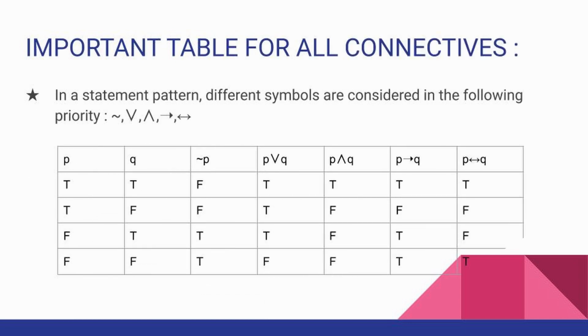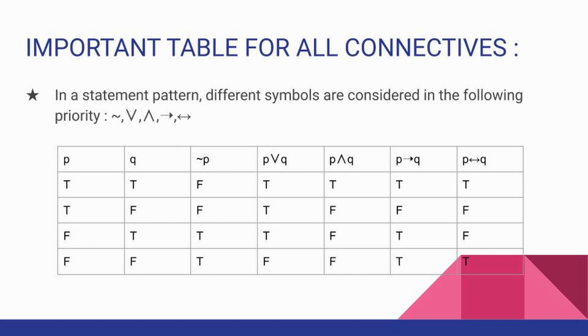Now take a glance at the important table for all connectives. Here I have given you a table where we can see all the 5 logical connectives and their truth values. I have given you P, Q, negation P, P or Q, P and Q, P implies Q, P if and only if Q. With the help of this table, you can compare every logical connective and study it easily.